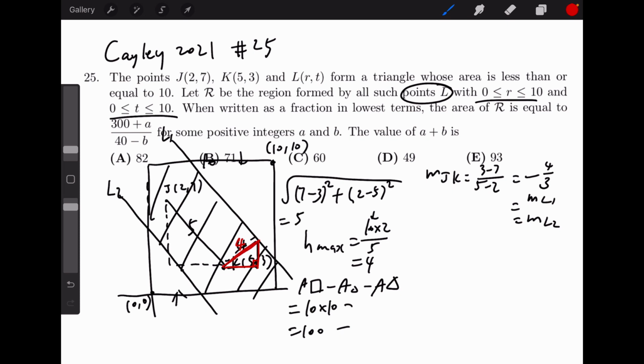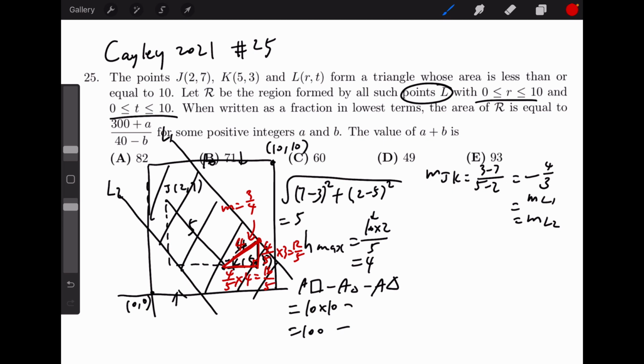Because this line is perpendicular to line JK, the slope of this line would be the negative reciprocal of the slope of line JK, which is 3 over 4. That means this right angle triangle is a 3, 4, 5 triangle. Because this line is 4, this line would be 4 over 5 times 3, which is 12 over 5, and this line would be 4 over 5 times 4, which is 16 over 5.